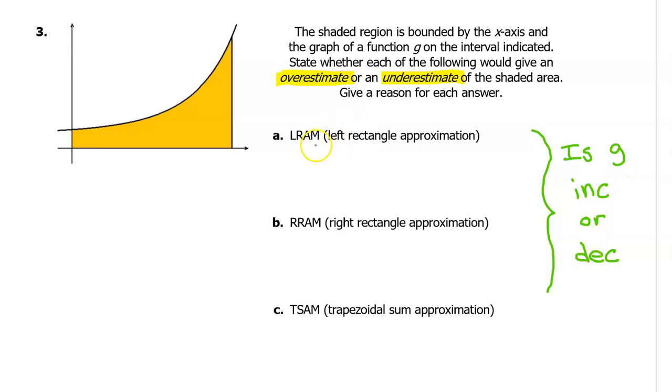You don't need to memorize which will give you an overestimate and which will give you an underestimate, because instead you can just quickly draw a sketch. For the left rectangle approximation method, it means that the left side of a rectangle is going to touch the function.